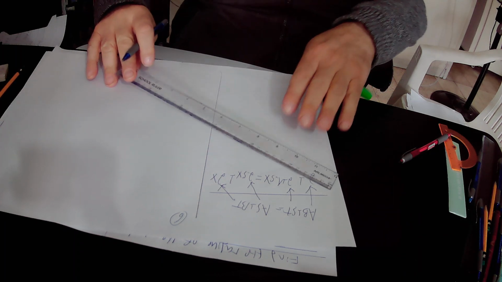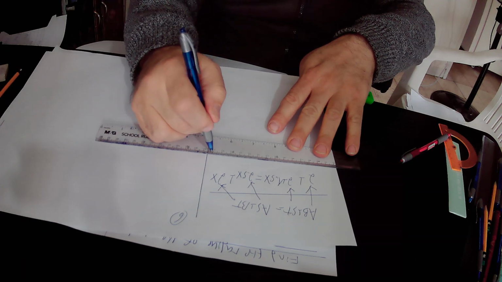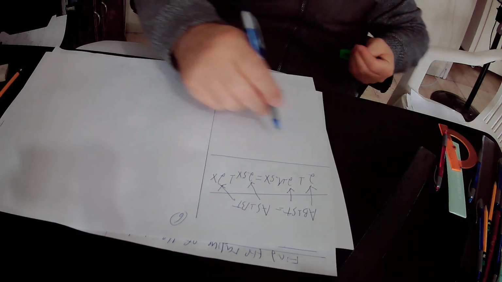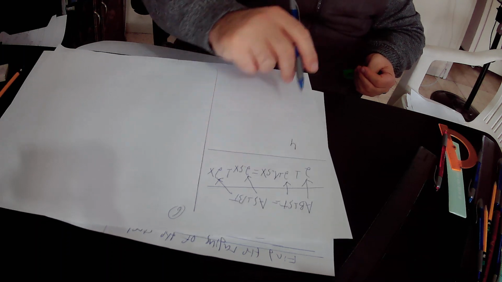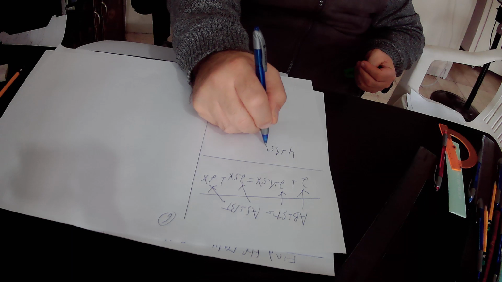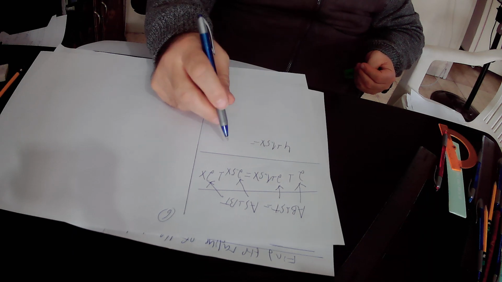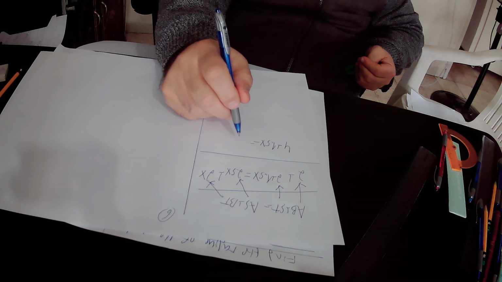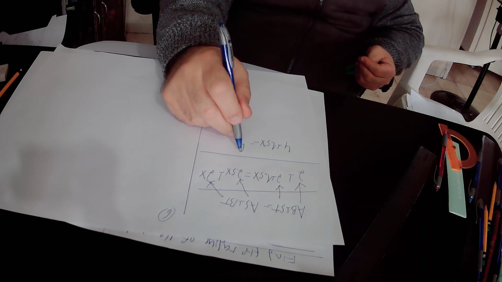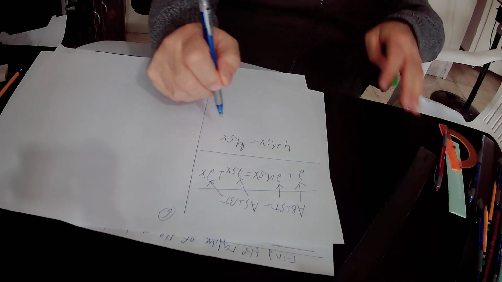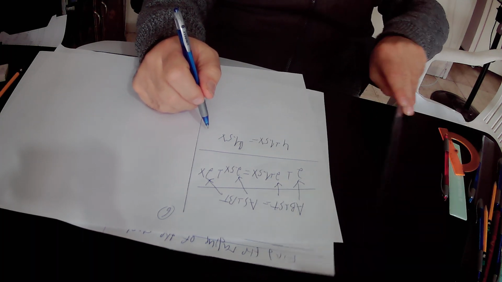So in conclusion, 2 plus 1.5x equals 2.5x plus 2x. 2 plus 2 is 4, so on this side of the equation, we have 4 plus 1.5x. That equals 2.5x plus 2x, which is 4.5x. So 4 plus 1.5x equals 4.5x.